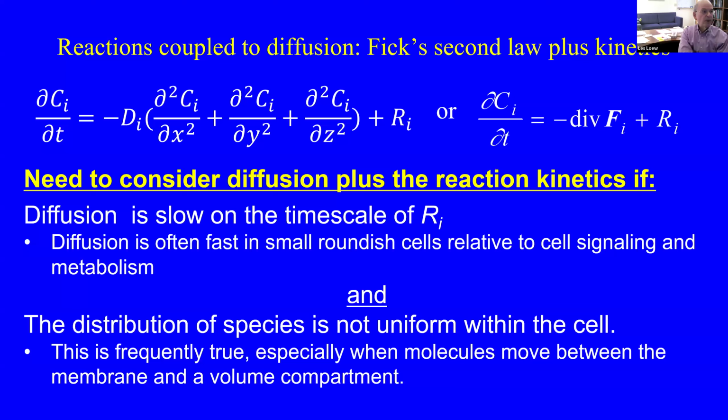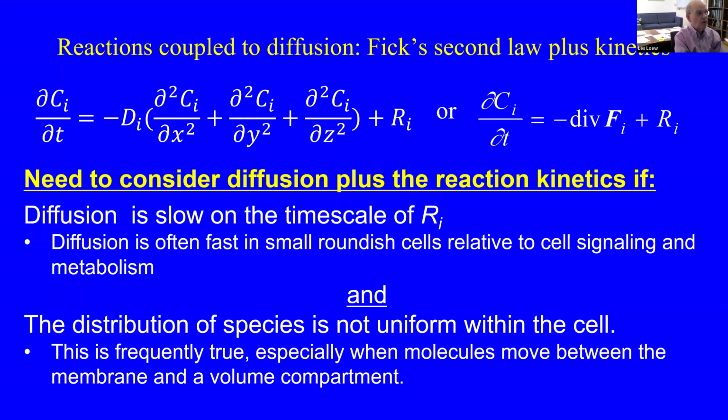So when you have reactions coupled to diffusion, you have both reactions, where you have changes of state of molecules and molecules binding to each other, as well as the molecules diffusing around in space.